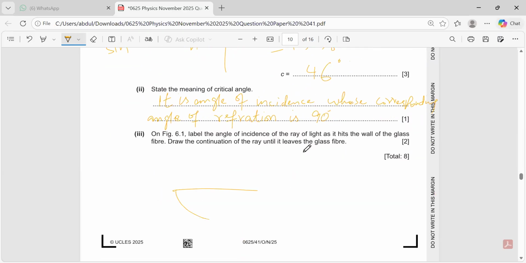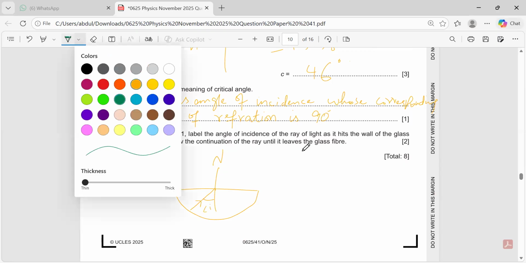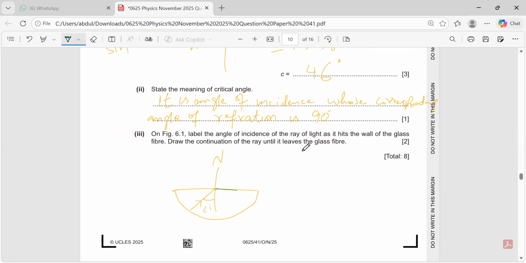Like if this is a glass block, normal here, and let's suppose this is the angle of incidence and the angle of refraction here becomes 90 degrees, then this angle of incidence is basically the critical angle. It means the angle of incidence in the denser medium whose corresponding angle of refraction is 90 degrees.